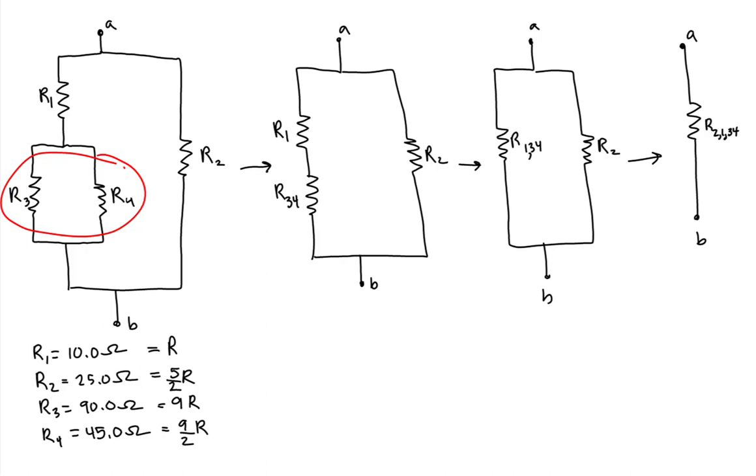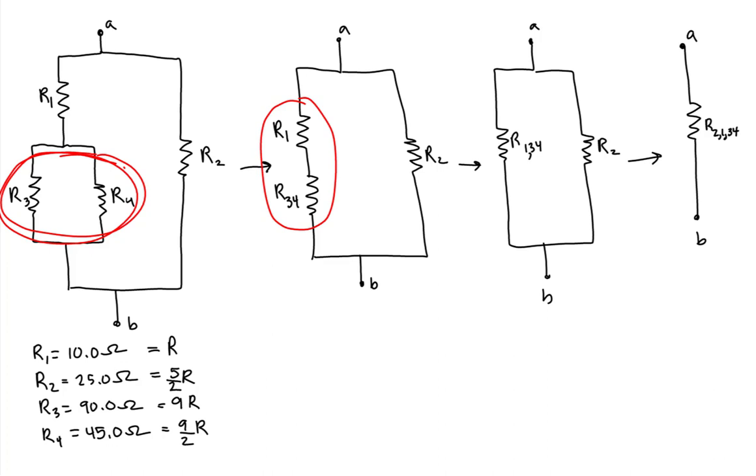So this is going to be our sequence of steps. We're going to first find the equivalent resistor of the parallel combination of R3 and R4. Then we're going to find the series combination of that with R1.